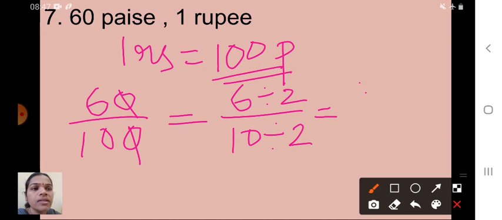What will come? 3 upon 5. I hope you understood this one. So this is your answer, 3 upon 5 or 3:5. This is the ratio of 60 paise and 1 rupee.